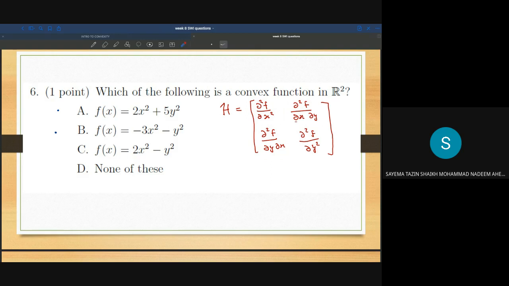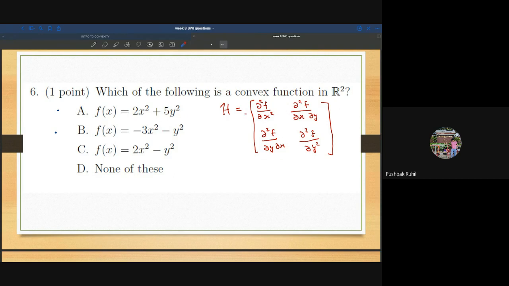No, sir. First with x and then y, na? xy or where? At A12, that del 2 f upon del x del y, we differentiate first with y and then x, na? Both are correct because I've seen both being used.